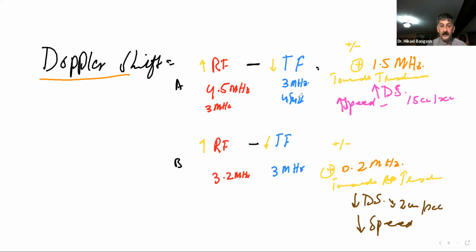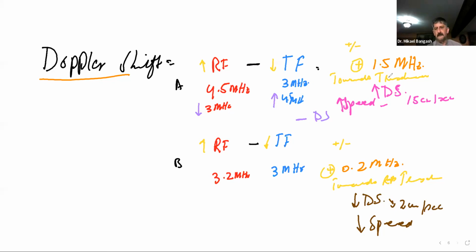We would end up with a negative Doppler shift in this case, because the reflector frequency was lesser than the transmitter frequency. But the difference was still 1.5 megahertz.